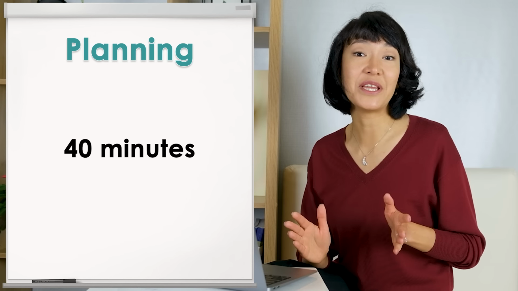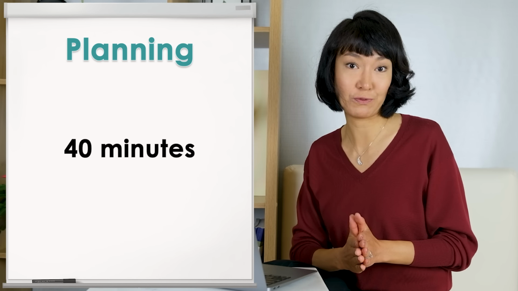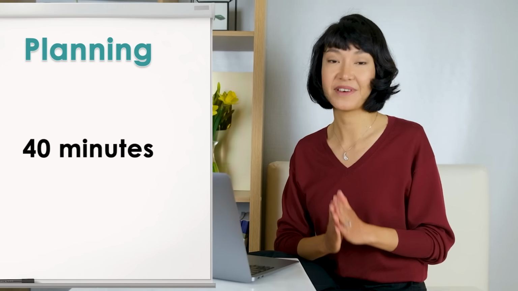You have 40 minutes to complete Task 2. That's not a lot of time. That's why it's so vital to know where you're going, to have a very clear idea of how to develop the essay. No matter which of the 5 possible essay types comes up in your exam, it's better to keep to a 4-paragraph answer.